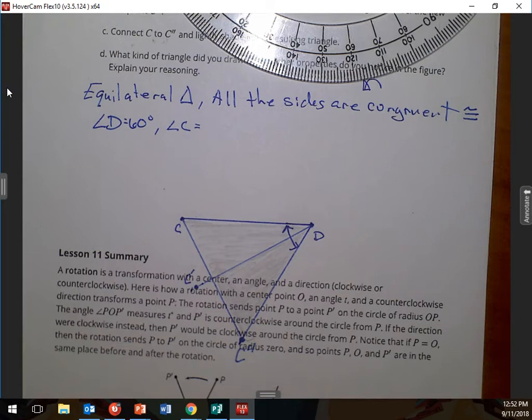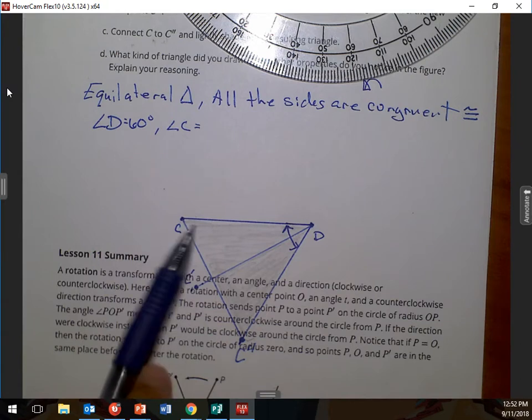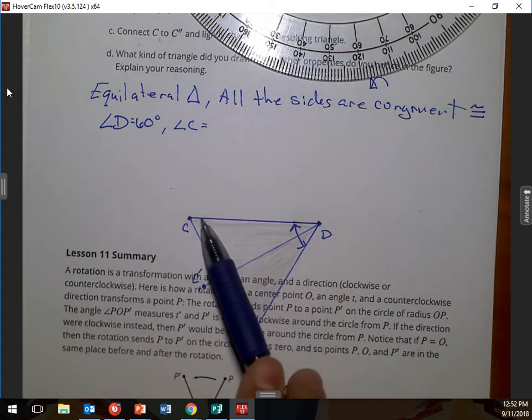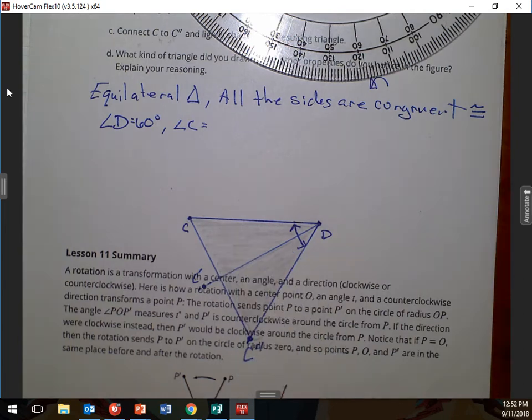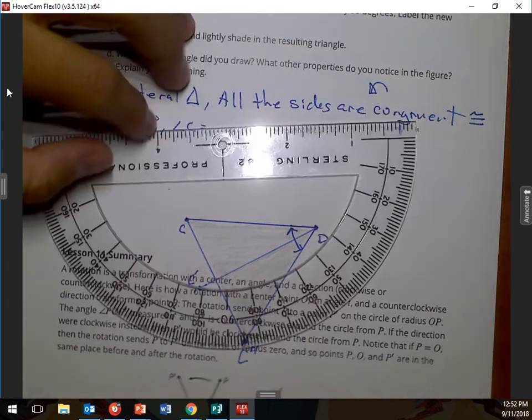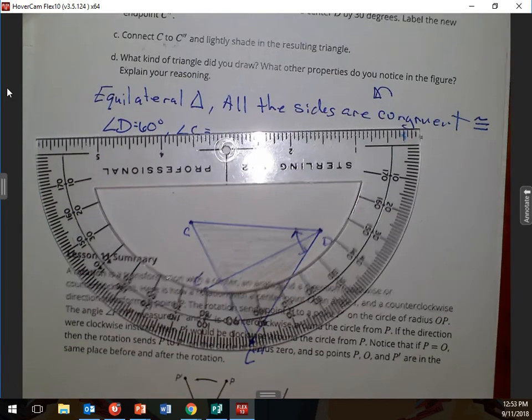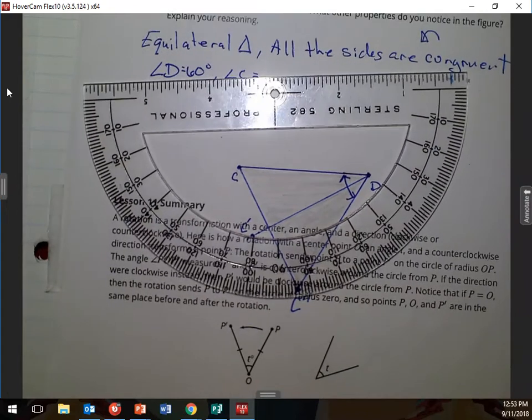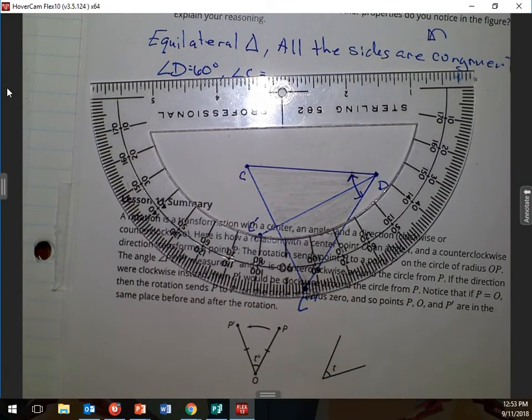So we have to measure angle C to D, to the little line. It's not 30. Please stop. Seriously. I'm asking you, please stop.